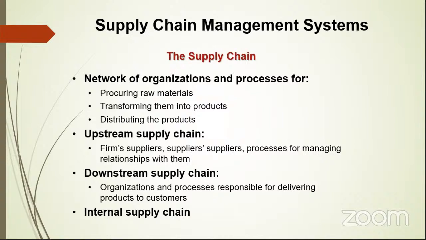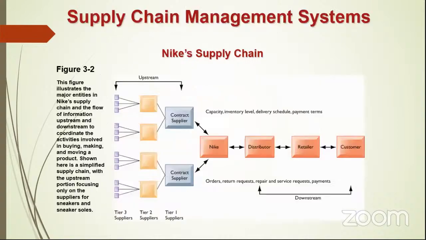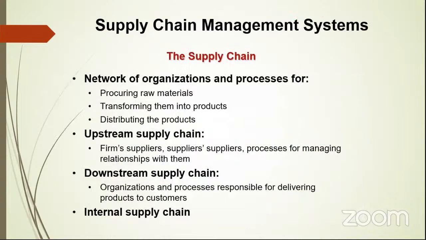So there's an upstream supply chain, which is the firm's suppliers, those suppliers' suppliers, and all the processes used for managing those relationships. And then the downstream is going from the firm or the organization to the people who are buying it, the clients, and all the processes responsible for that.